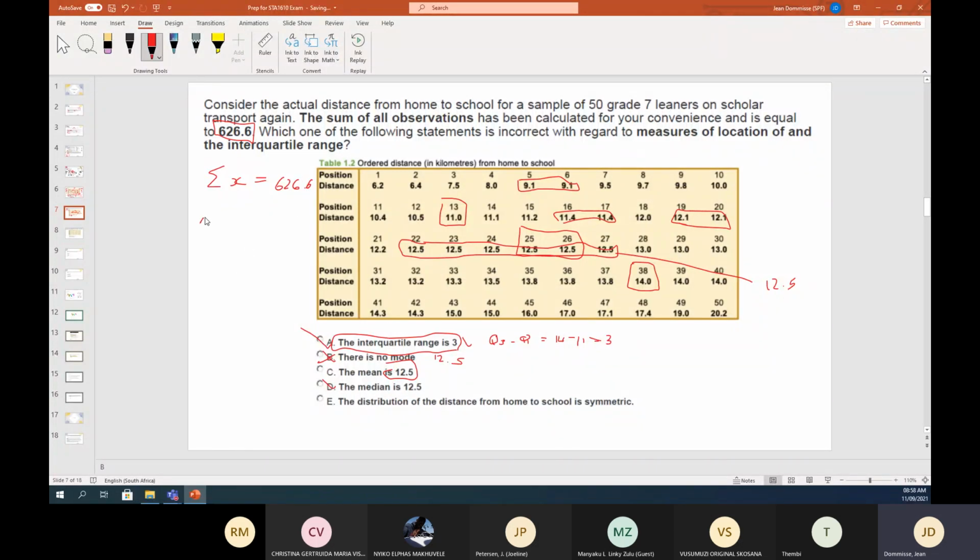So to get the mean, it is basically that value divided by 50, the number. So 626.6 divided by 50 gives you 12.5. Okay, so 12.5 is the mean.